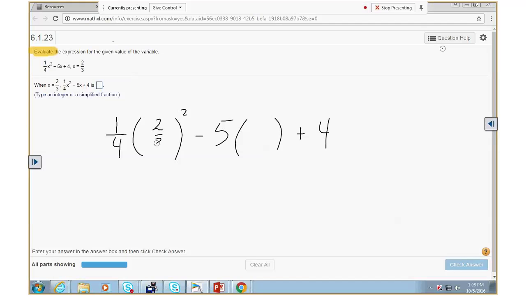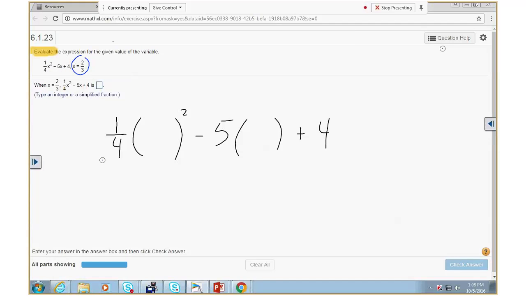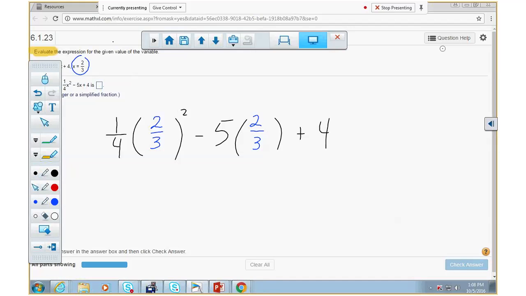2/3. And in fact, let's animate it a little bit, and use blue. 2/3. Now the first thing you want to do is parentheses or exponent, whichever one you want to call it.